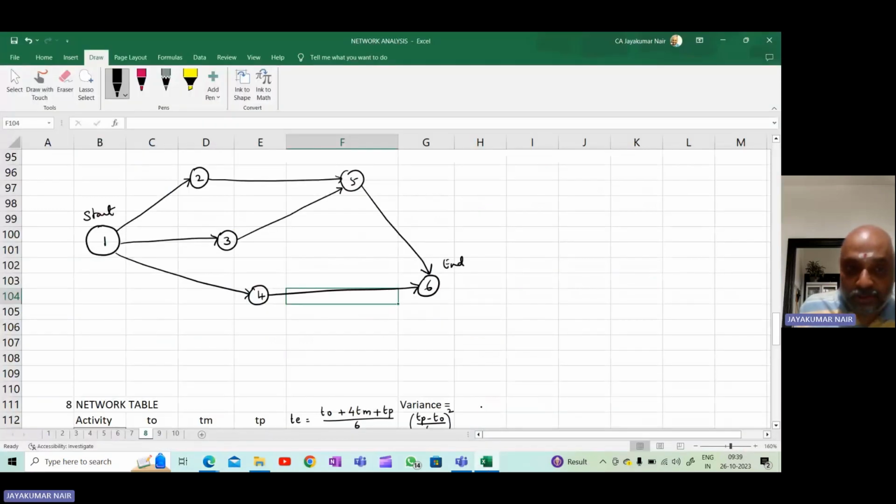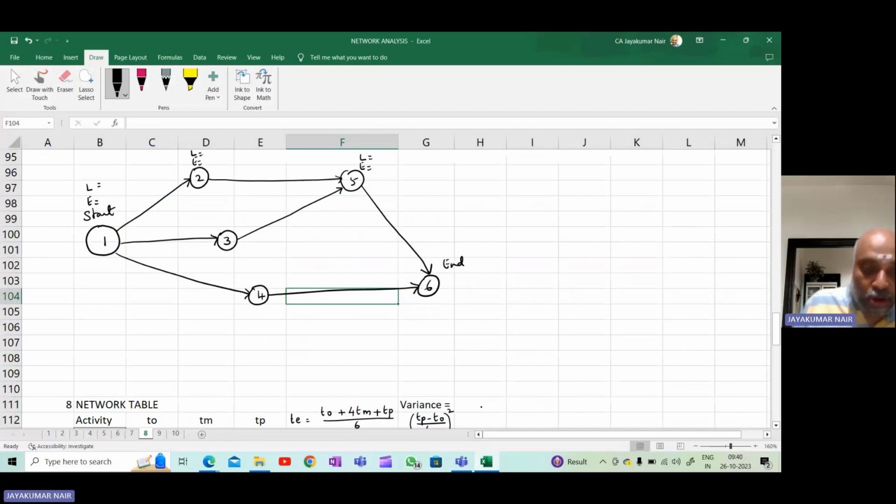Now, after we have drawn the network, if you want to calculate the E value and the L value, you have to find out the duration.